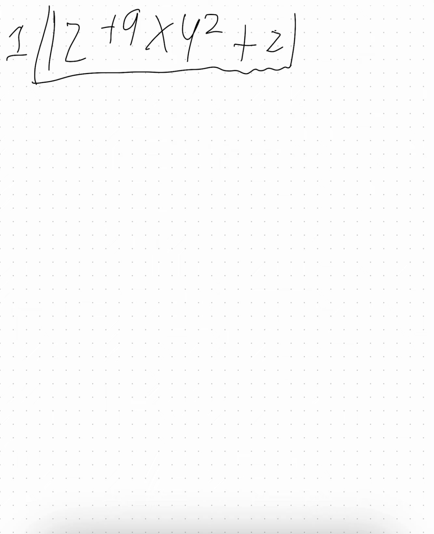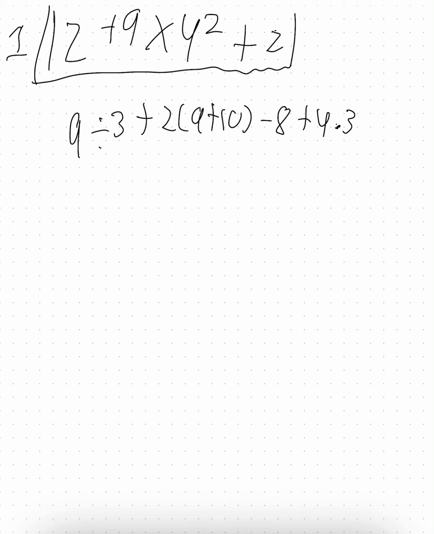And then we can do this one: 9 divided by 3 plus 2 times 9 plus 10 minus 8 plus 4 times 3. I'll label this one 2. It's the second problem.